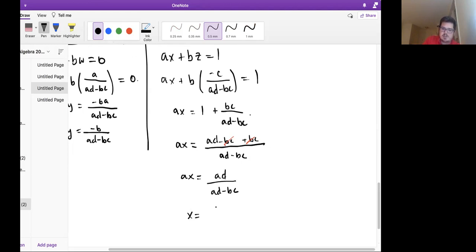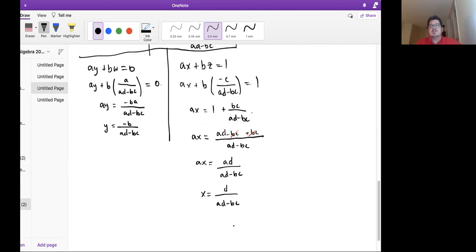So x is equal to d over ad minus bc. Questions on that computation? All good?